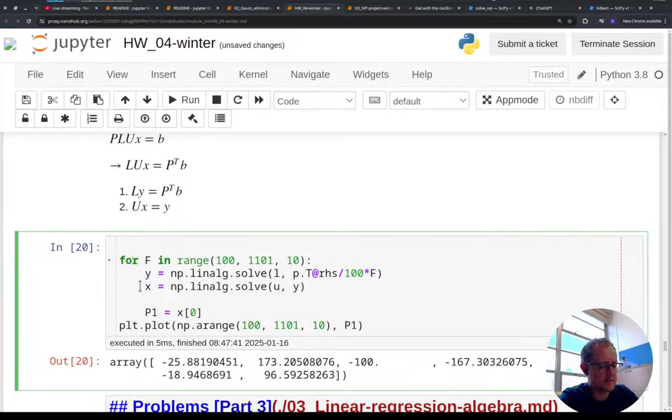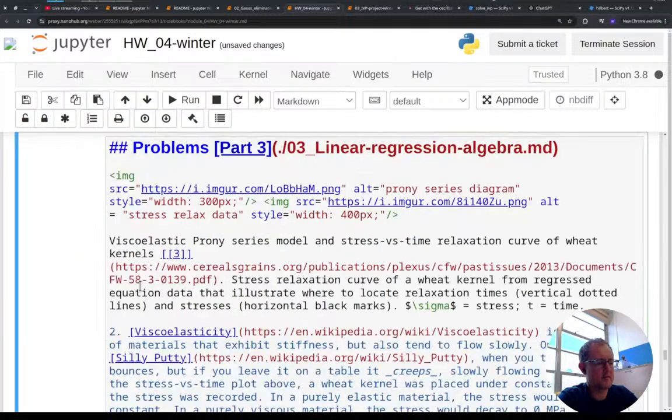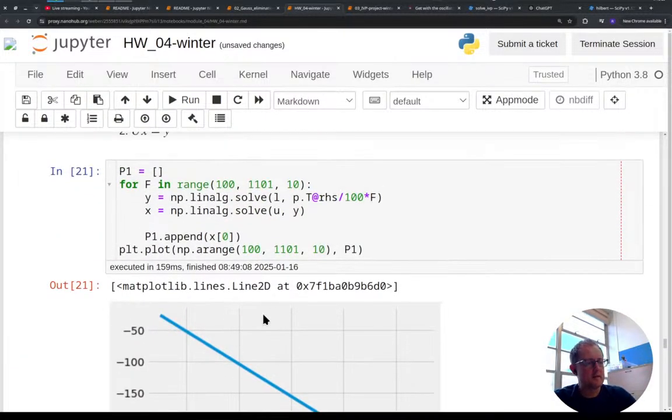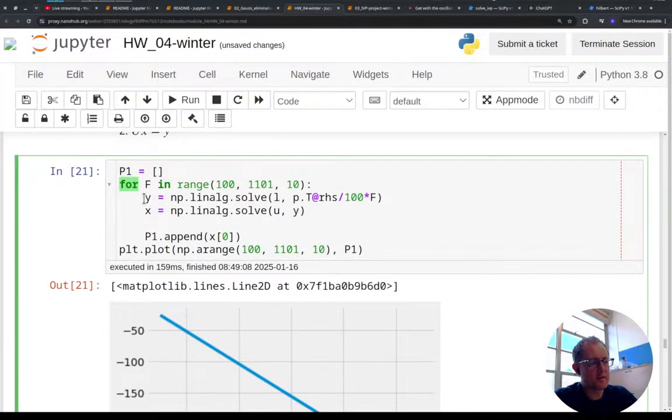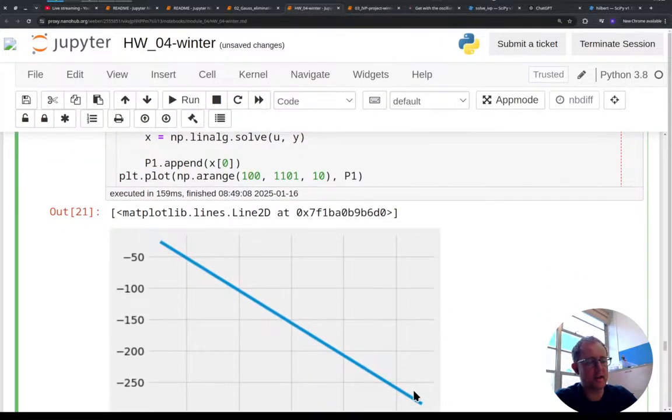So I'm doing the solution a whole bunch of times and plotting it.